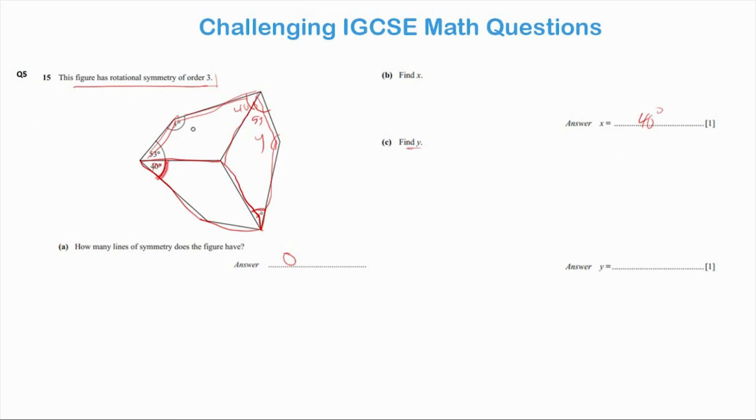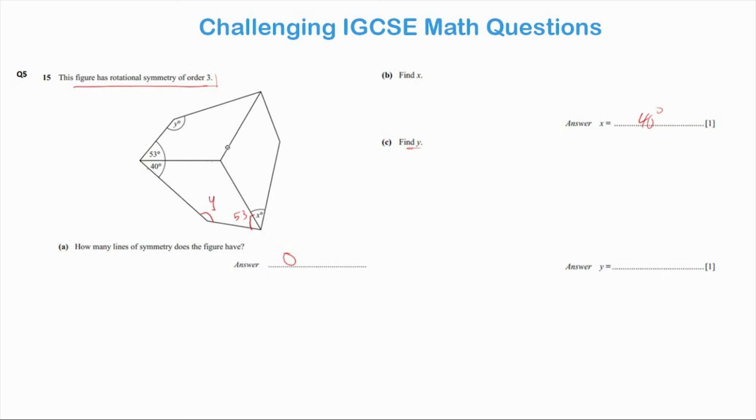So now to find y, y is right here. When we rotate it, it will land here. Now we know that x is equal to 40, and the 53, when we rotate this shape, would be right here. This would be equal to 53, and this would be y.